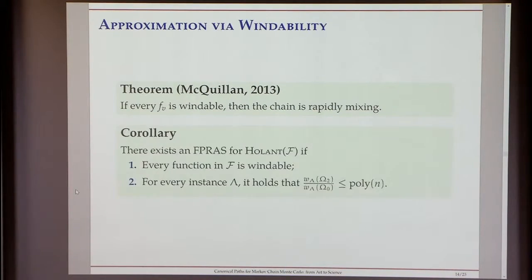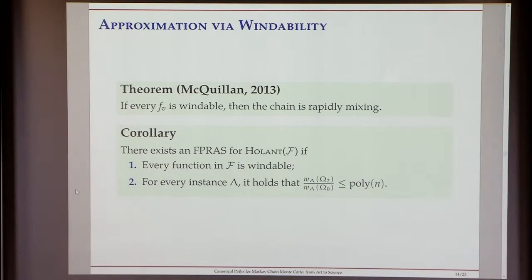Okay. And as a corollary, since our sampling space is omega 0 union omega 2, if this Markov chain is rapidly mixing and we have this additional condition, that the ratio between the weight of omega 2 and the weight of omega 0 is bounded by some polynomial, then we can efficiently sample from omega 0.